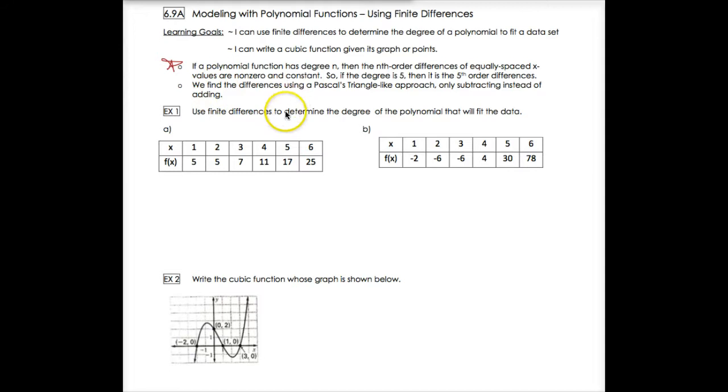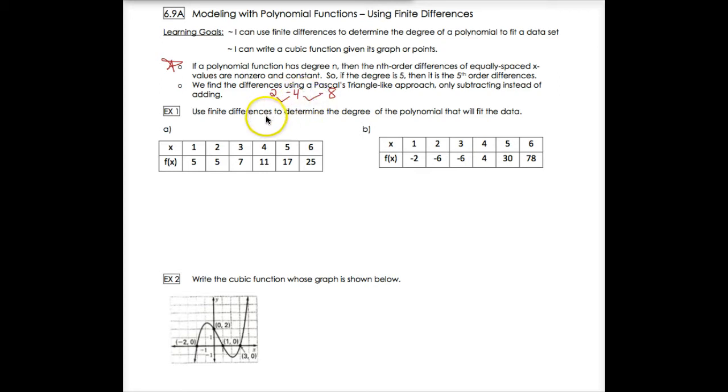Now, it's important that we know what nth order differences are, because if you don't know what the fifth order differences are, it's kind of hard to use those to help you. To find differences, we use a Pascal's triangle-like approach, only we subtract instead of adding what's above. So let's just say you had these numbers in a first row, the next row you'd take the two above to get the next one.